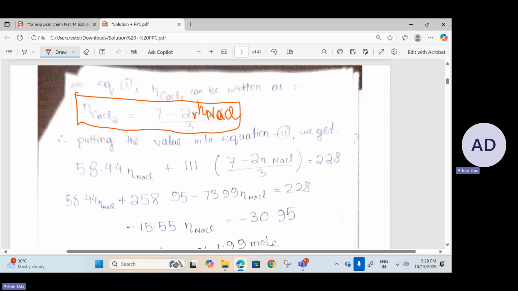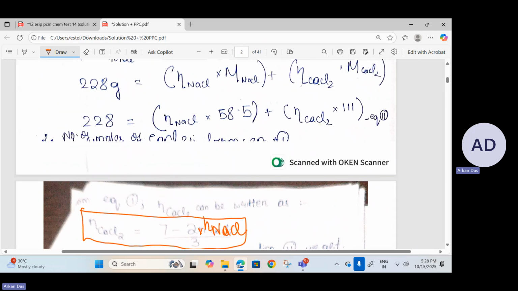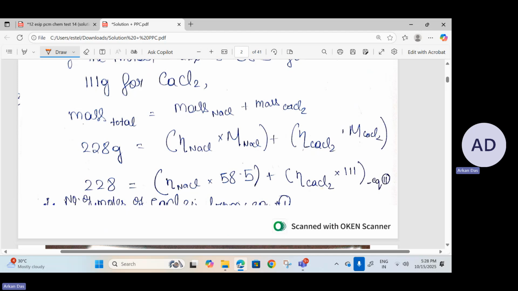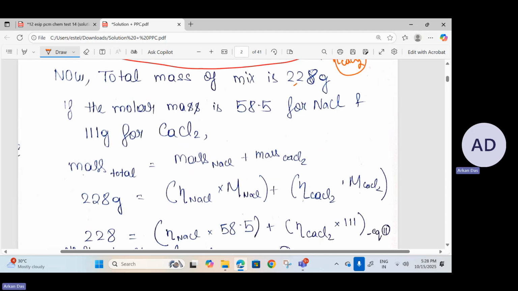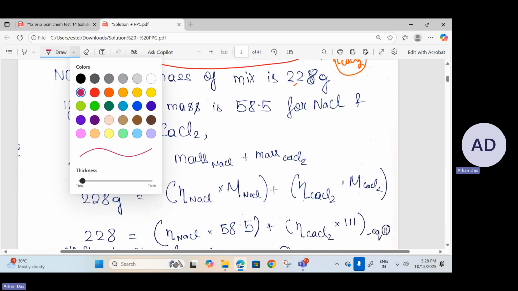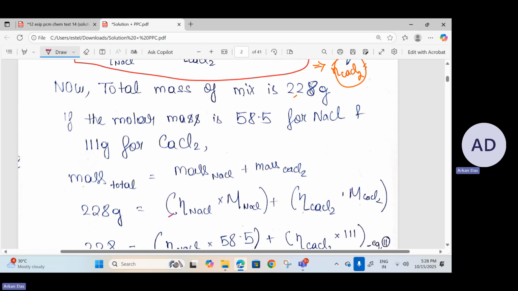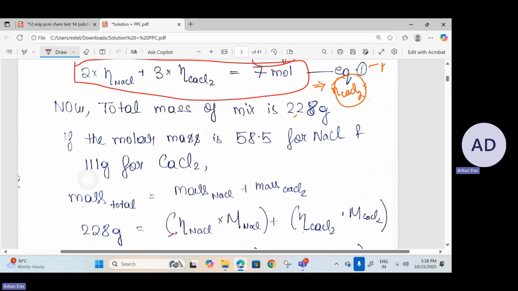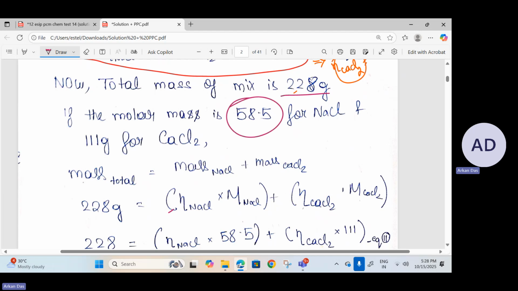Now next, we have to compare two equations, so we can find another equation with respect to the total mass. The total mass of the mixture is told as 228 gram, where the molar mass of NaCl is 58.5 and CaCl2 is 111.